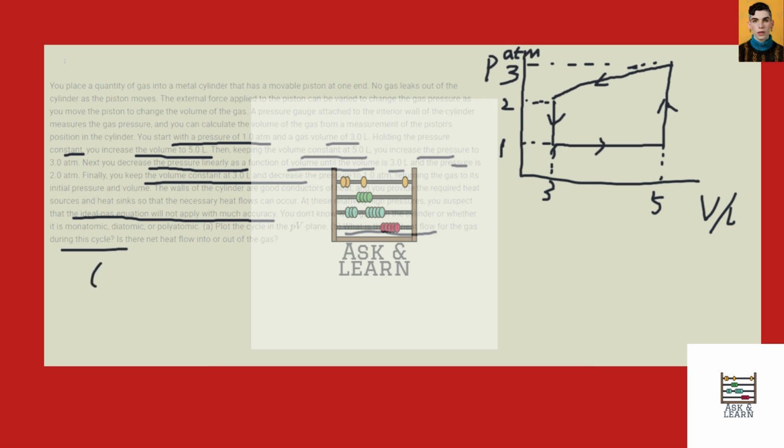By using the first thermal law, we know Q, the heat for the whole cycle, equals delta U plus W. Delta U is the change in internal energy for the whole cycle, and W is the work done by the gas for the whole cycle. For the whole cycle, delta U should be 0 because the initial point and the final point are the same. So delta U is 0. You can cross this out.